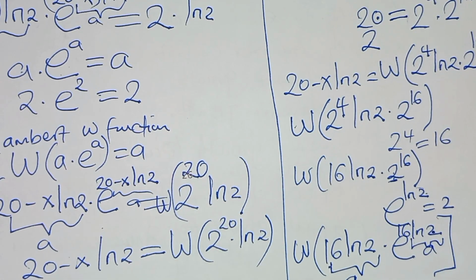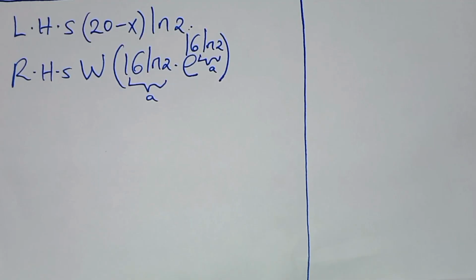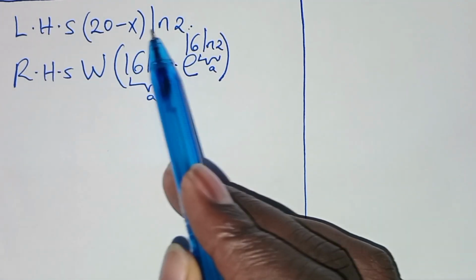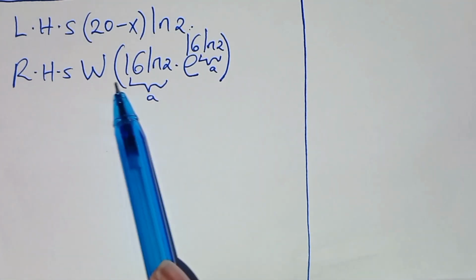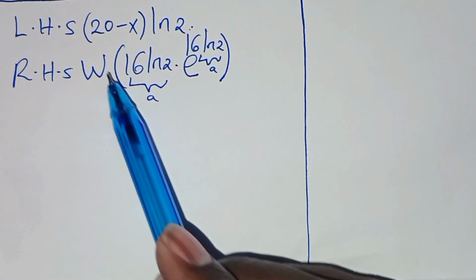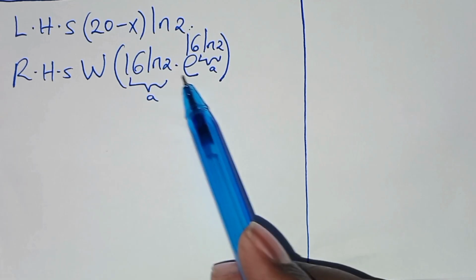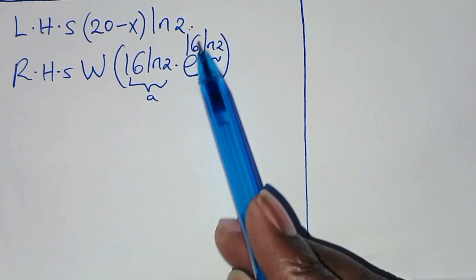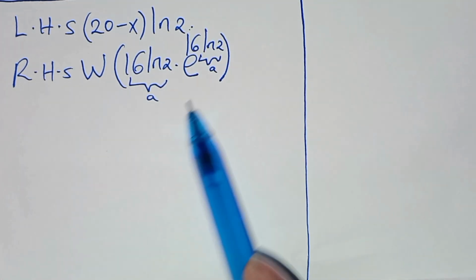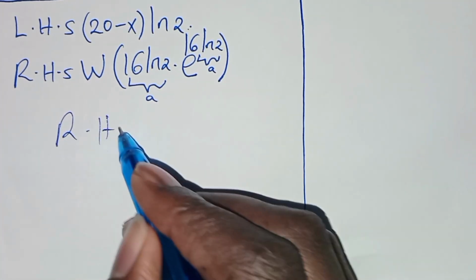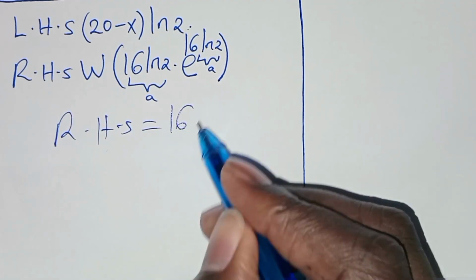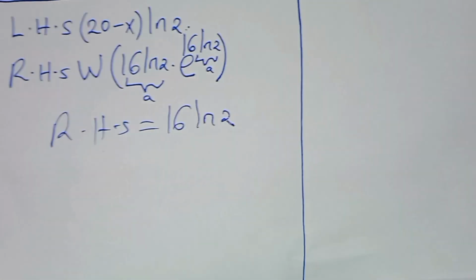And therefore, on the left hand side, we have 20 minus x multiplied by natural log of 2. On the right hand side, we have the W function of 16 natural log of 2 multiplied by e to the power of 16 natural log of 2, which gives us 16 natural log of 2.